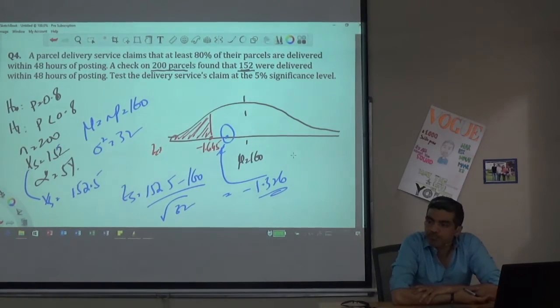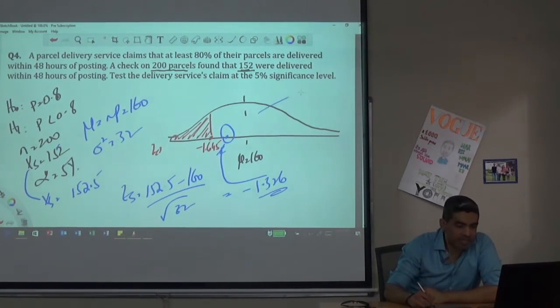How do you get the Z value? 1.645. Okay, this is 95%. This is 5%. So you will check the Z value for 0.95.